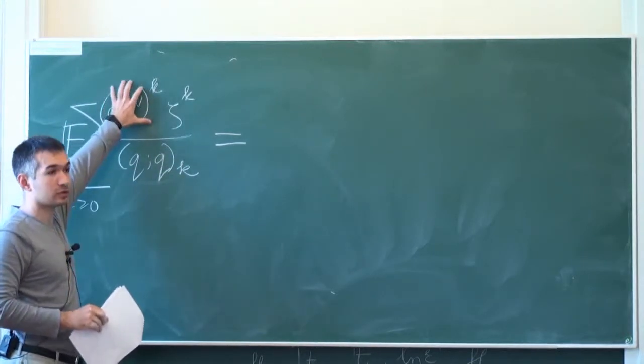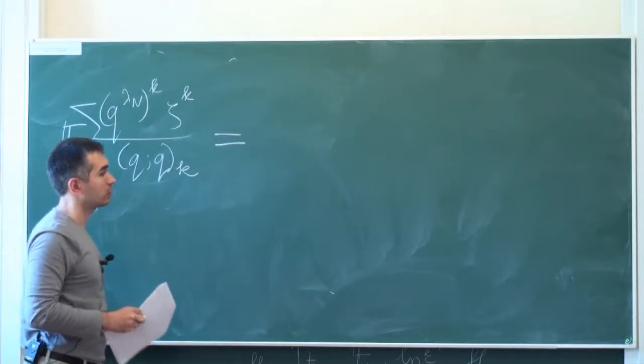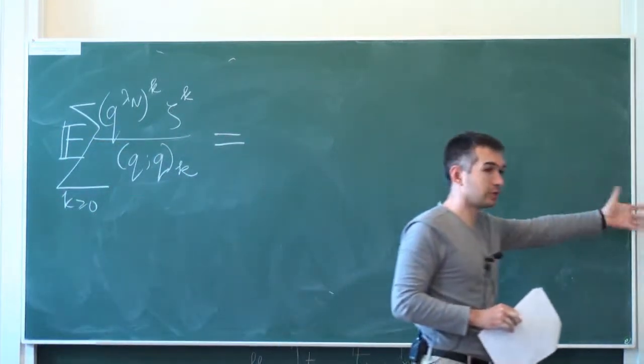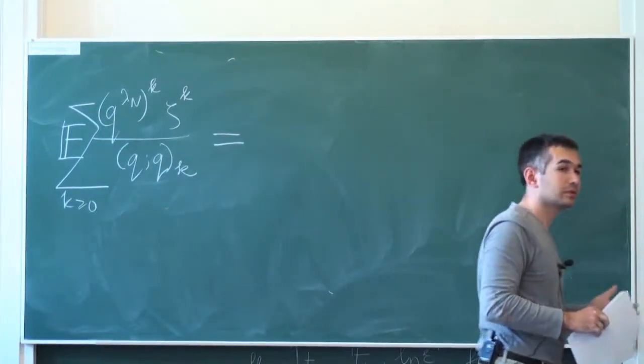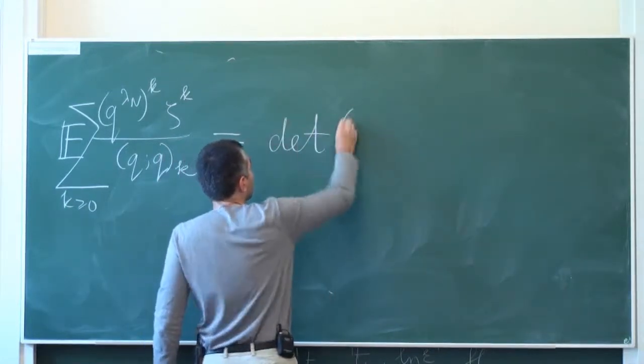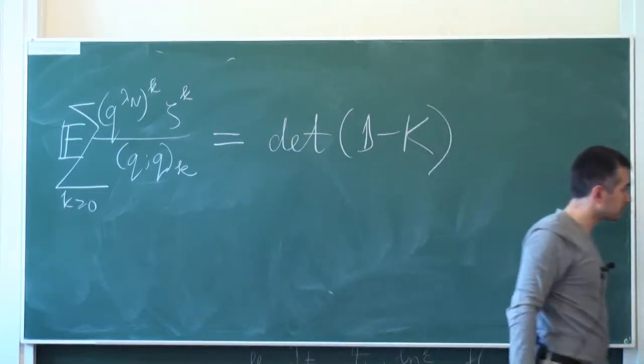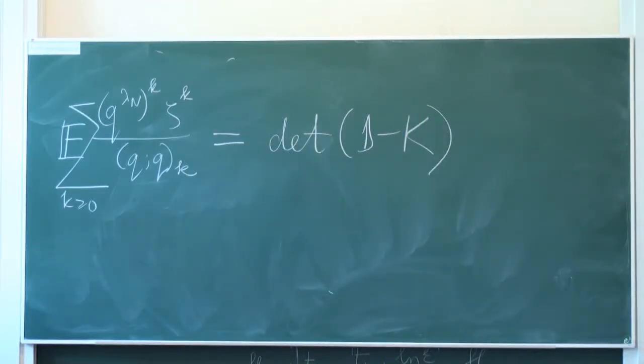These guys are all between 0 and 1. q is between 0 and 1. And so I take that formula. It can be manipulated. It's not a very trivial manipulation, but it's not too hard. And remarkably, there is a determinantal formula that arises in this way. Now, the reason that the determinantal formula arises is not very clear.